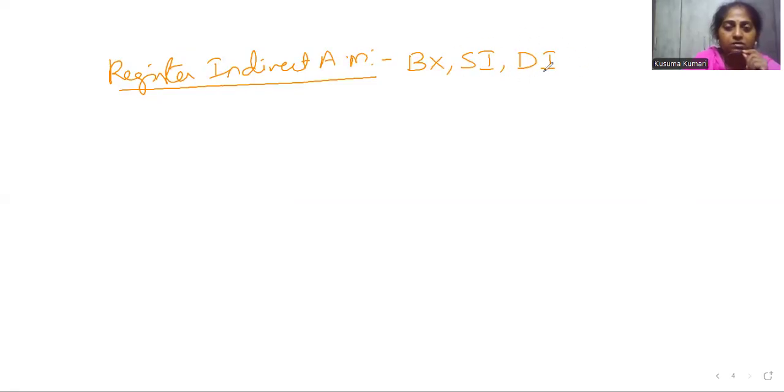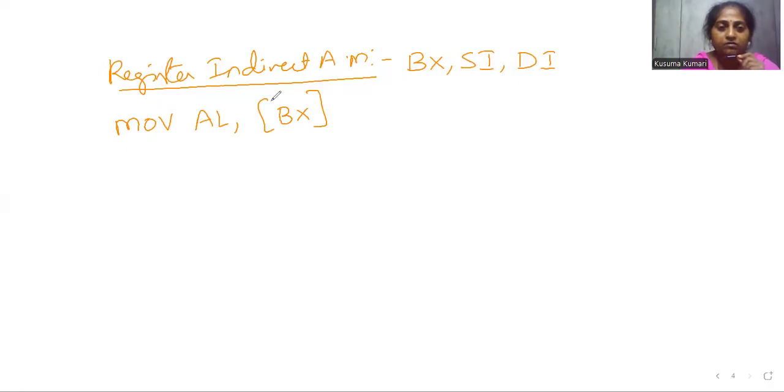Mainly these registers are used. What is an example for this instruction? The same, MOV AL, [BX].